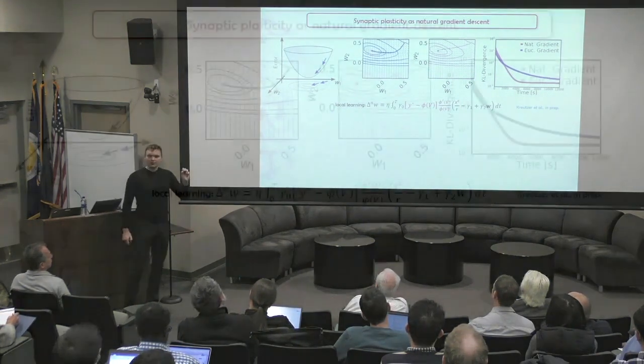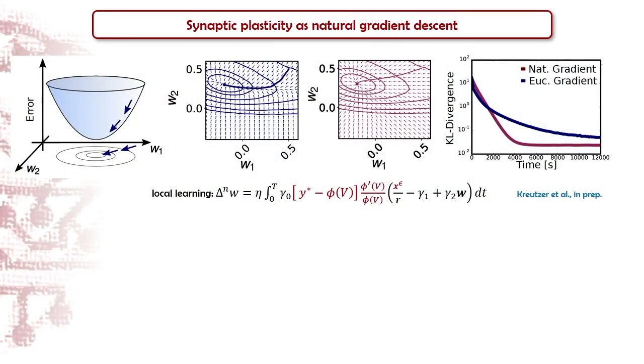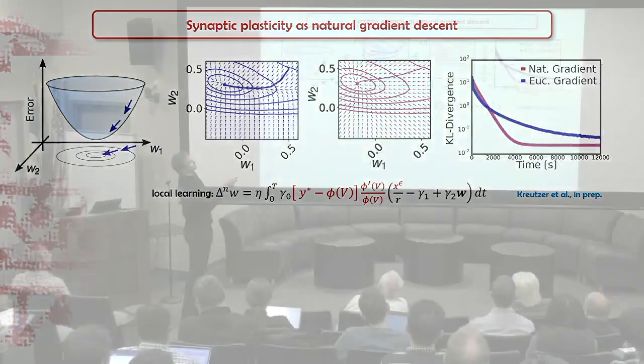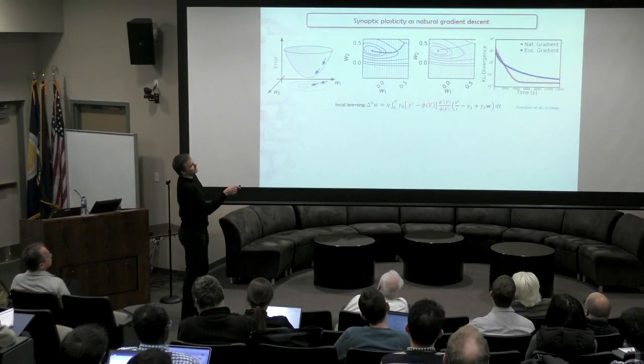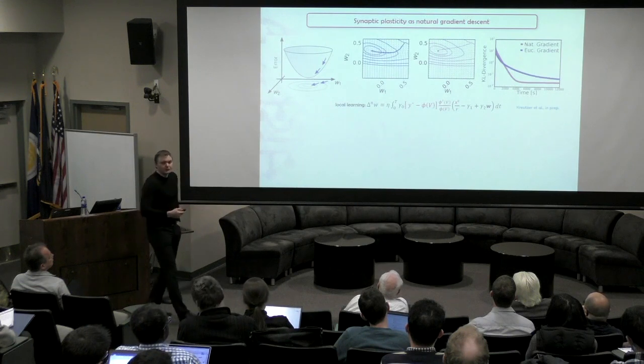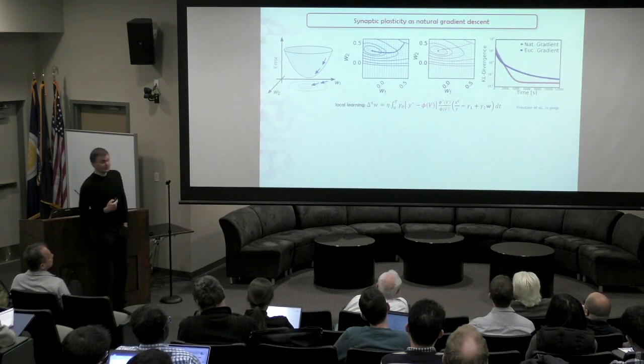So wherever you are in the cone, you will always, just by following gravity, go down towards the minimum along the shortest possible path. So this is what you see here. This is the crooked path that the system took before with Euclidean gradient descent, and with natural gradient descent, you go directly to the minimum, which makes it more efficient and faster.